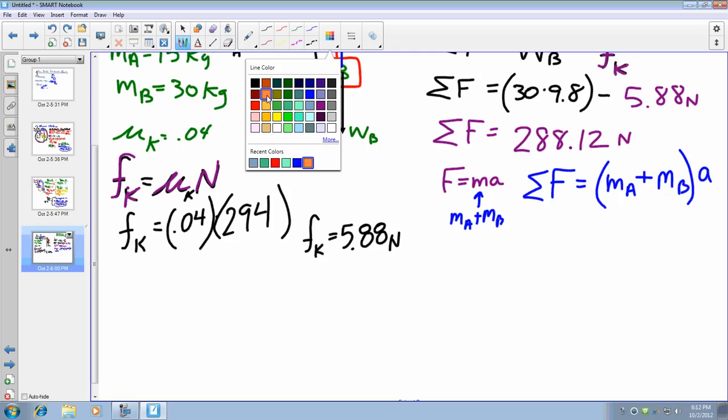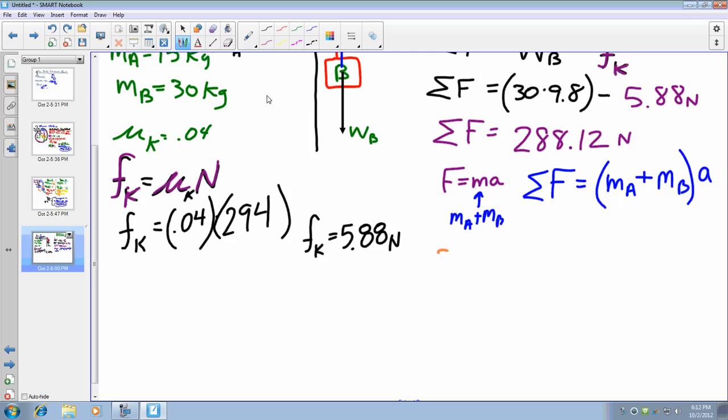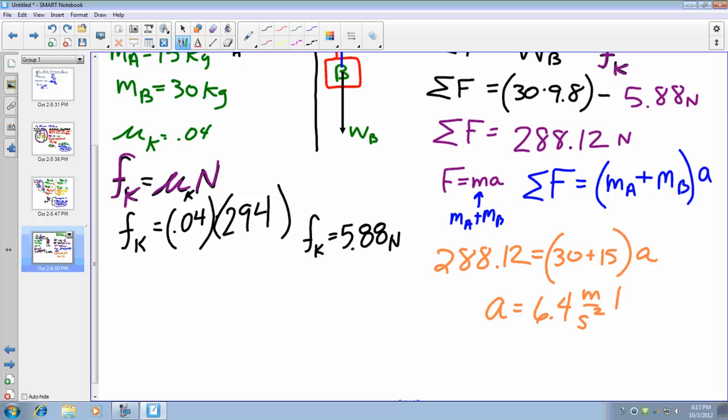288.12 newtons is going to be equal to 30 plus 15 multiplied by A. In the end, our A value is going to be equal to 6.4 meters per second squared.